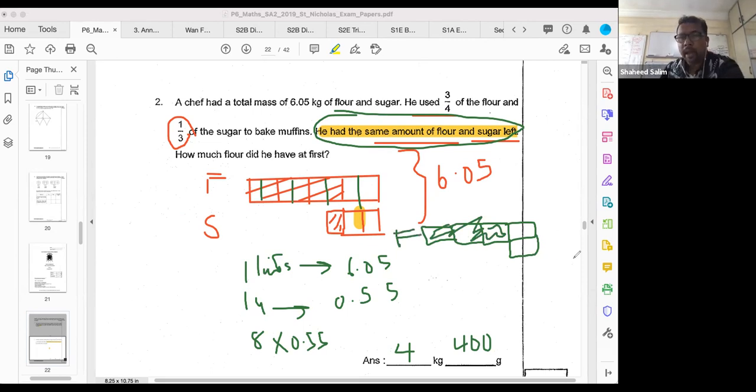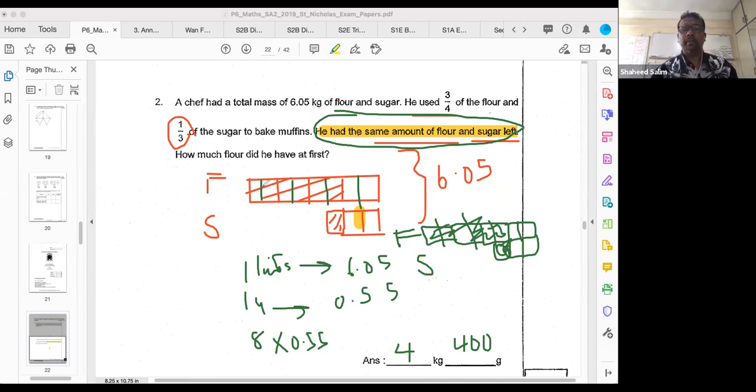And then I left down here the same amount, but this one I left 2/3. Must draw 1 more third here. So again, this is, let's say, used for sugar. Then all the rest I cut. Why do I cut? Because I need the same size. So I get 8 plus 3, 11. 11 units equals 6.05. 1 unit is 0.55.